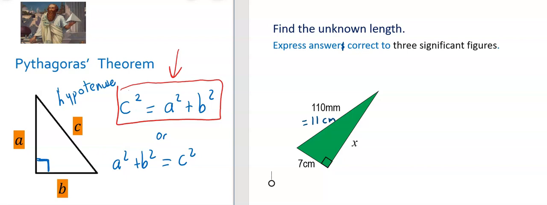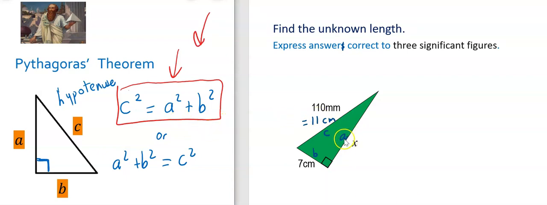Next, we label the sides as A, B, and C. This is the hypotenuse, so I'm going to have to call it C. Remember how I said it doesn't matter which one you call A and B? Now, if you're trying to find one of the legs, label the unknown one as A and the other one as B. That's the first thing. Now, let's go back to our formulas here.